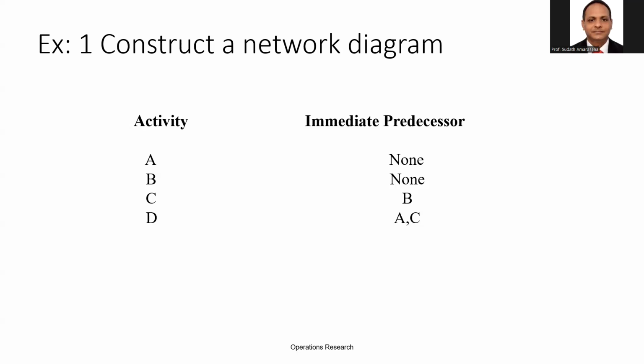As an example, when you're going to build a house, before building the wall, the immediate predecessor is the foundation. Without the foundation, you can't build the wall. You can build it, but the problem is there's no strength. Likewise, if you want to do the A level, the immediate predecessor is the O level. First, you need to complete the O level, then after that, you can do the A level.